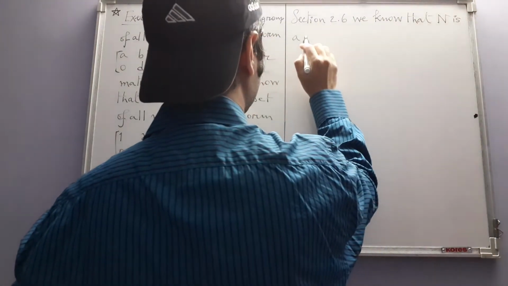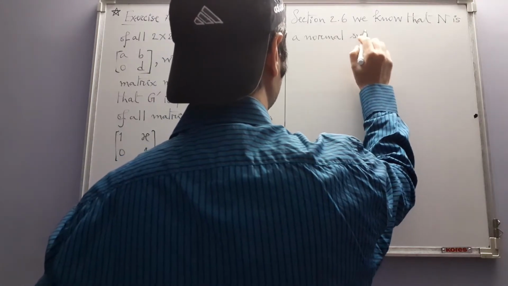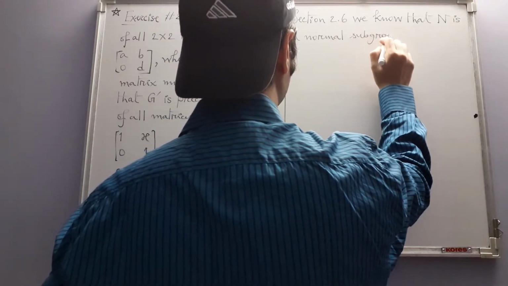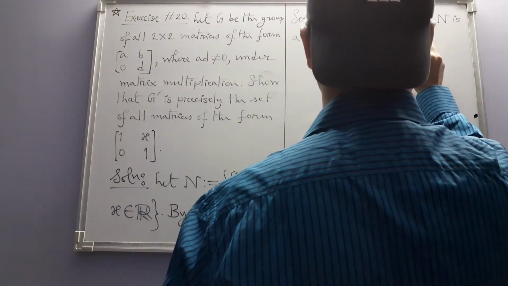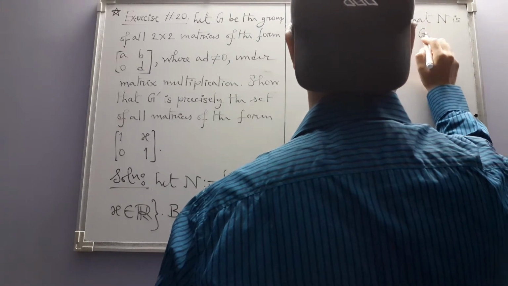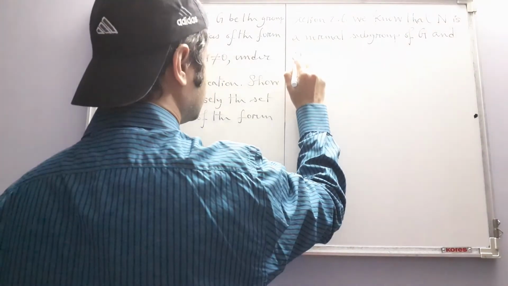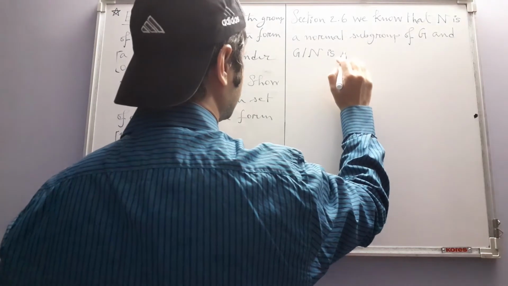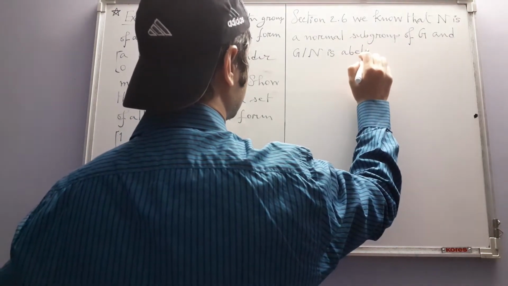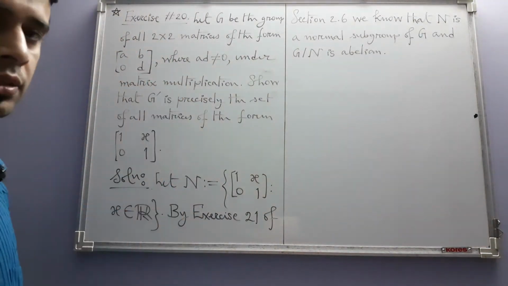N is a normal subgroup. Normal subgroup of what? Normal subgroup of G, and also the quotient G by N is abelian. This also was shown in that exercise 21 from section 2.6.